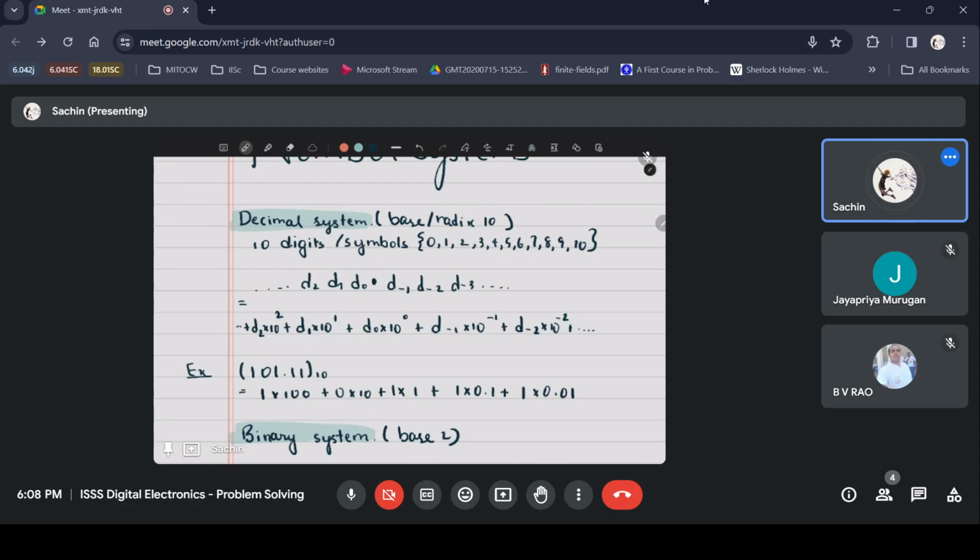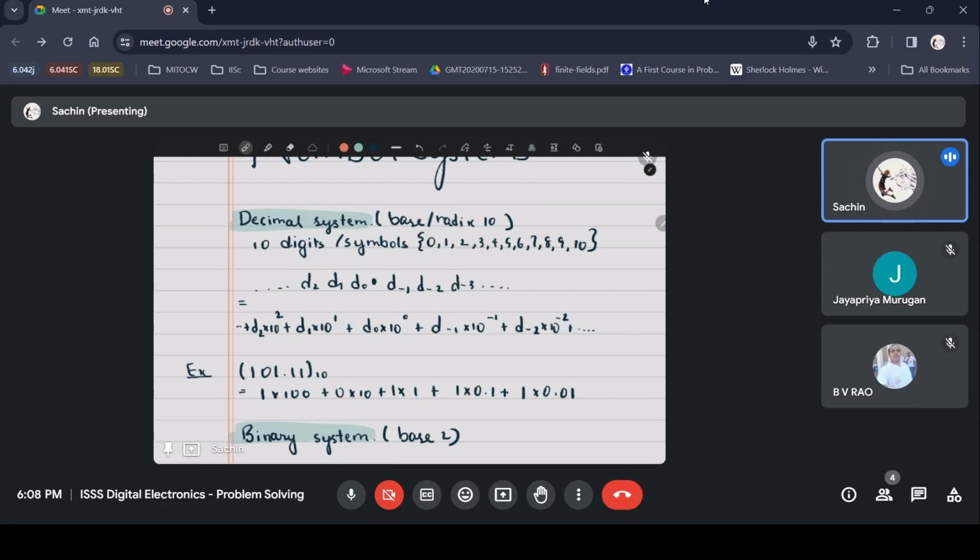Deci is 10. So if you have some number d2 d1 d0 point, the point tells you the weight by which you multiply the digits; it tells you what place each digit is in.